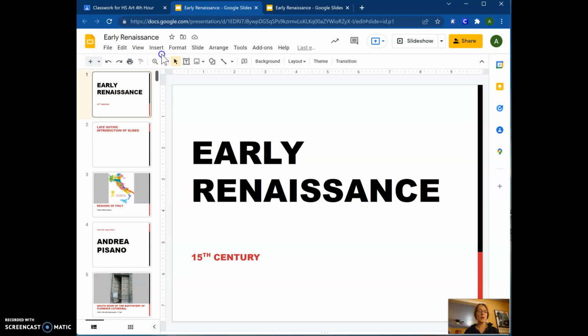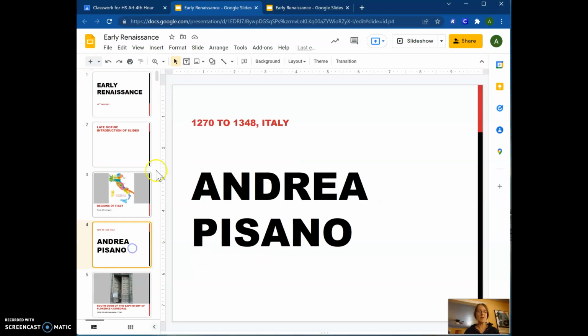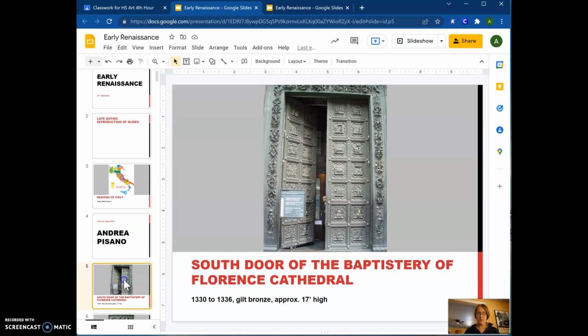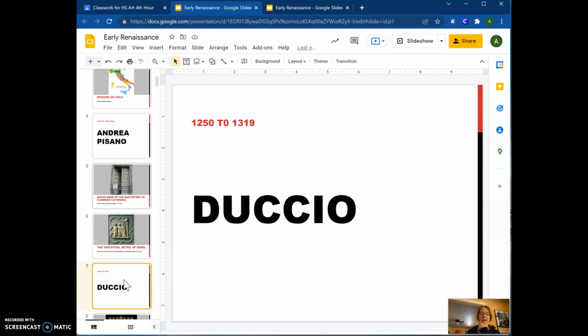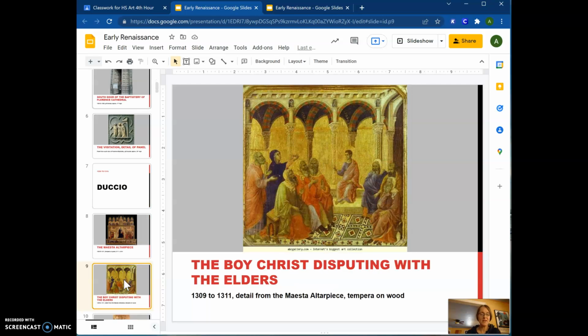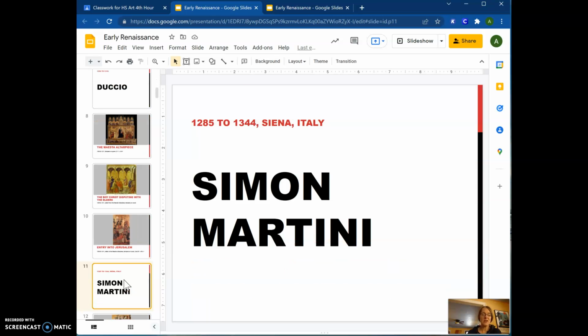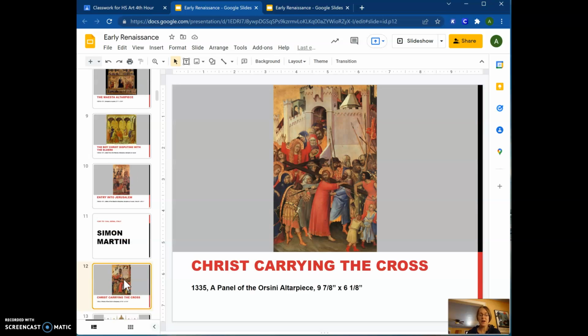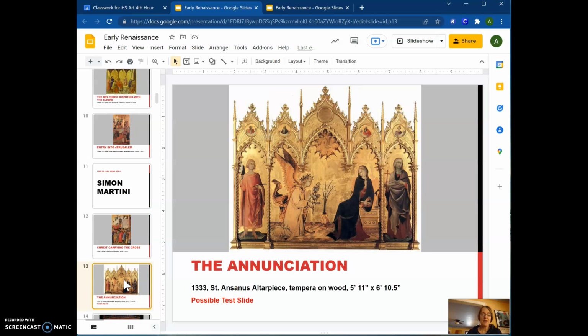All right, so we looked at Pisano, his Florence Cathedral doors on the south side of the baptistry. And we looked at Duccio's work, his Maesta altarpiece, and some details from the altarpiece. Then we looked at Simone Martini's work yesterday, Christ Carrying the Cross, his Saint Ansanus altarpiece.